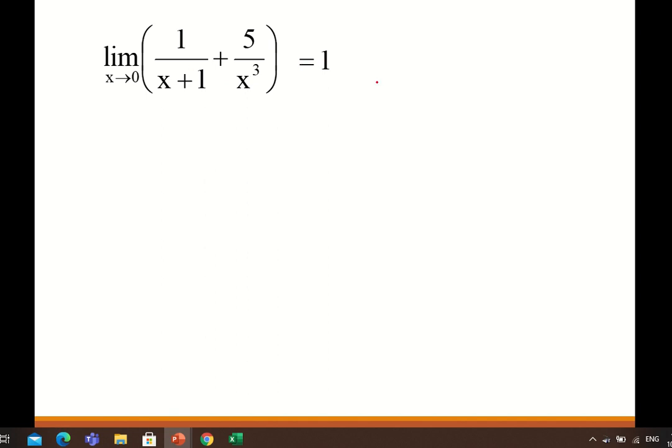Then plus, what is 5 divided by 0? So 0 cubed is still 0. Any number divided by 0, or a number very close to 0, is a very huge number. So that is infinity, or that does not exist.